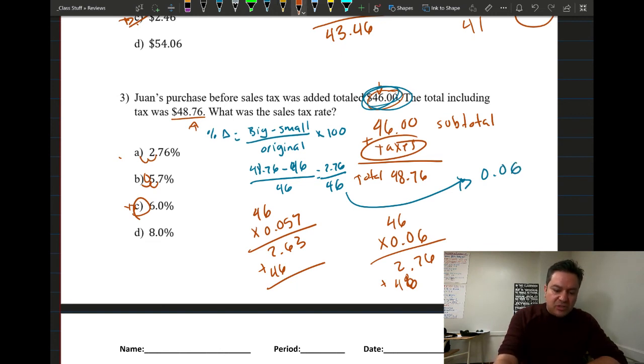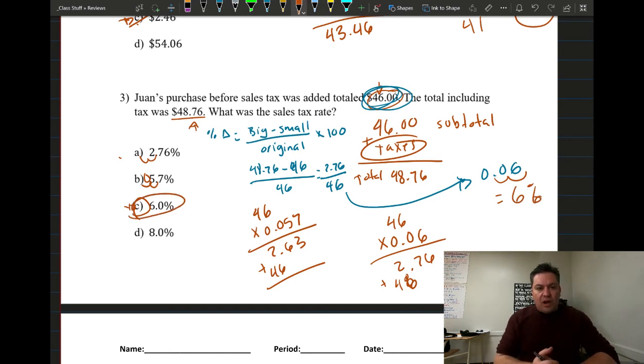Now convert that to percent, 1, 2, and you get 6%, which is the same answer. Whatever way works good, make sure you pick the one that works best for you. If you want to work it backwards like we did on the red, you can do that. Or if you remember the formula, this formula is not given to you on your formula sheet, so you will have to memorize it and do it like that as well.